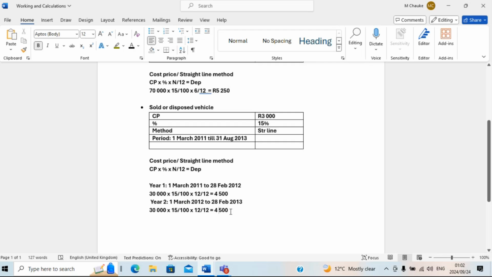But remember, the vehicle was sold on the 1st of September 2013, of which it was there from the 1st of March 2011 until the 31st of August 2013. So it means we have to calculate year three now.